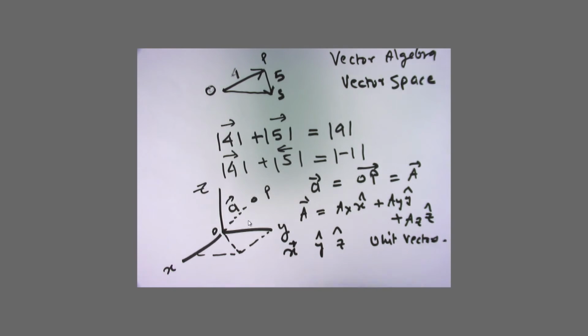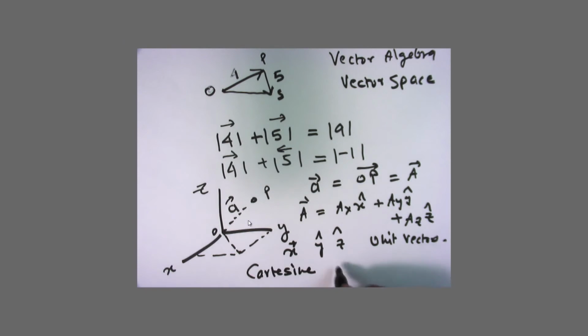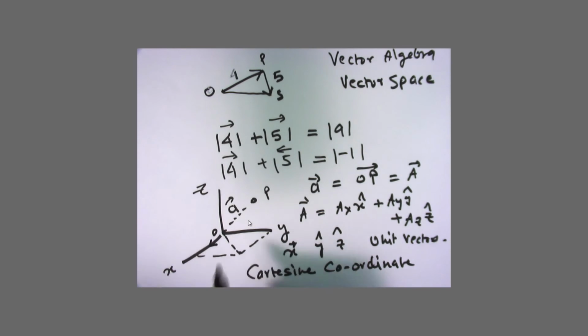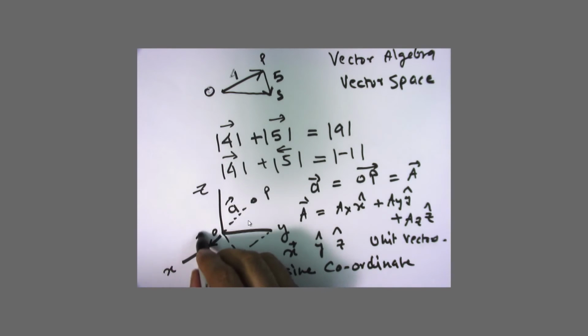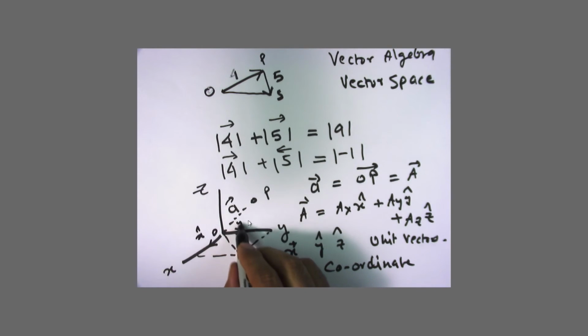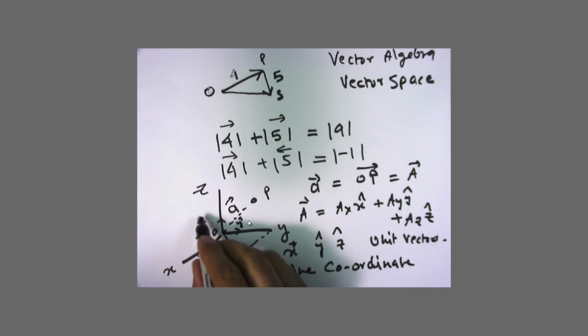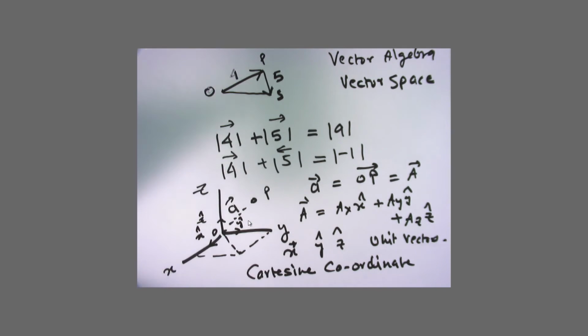So, if I take any Cartesian coordinate system, then I have unit vector in x direction is x cap, another one in y cap, and the third one is z cap. Now, the reason we need that, because once we have unit vectors, then we can very easily multiply unit vector with the 3-dimensional body.